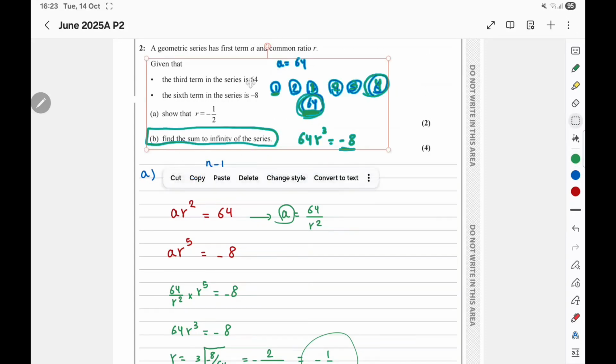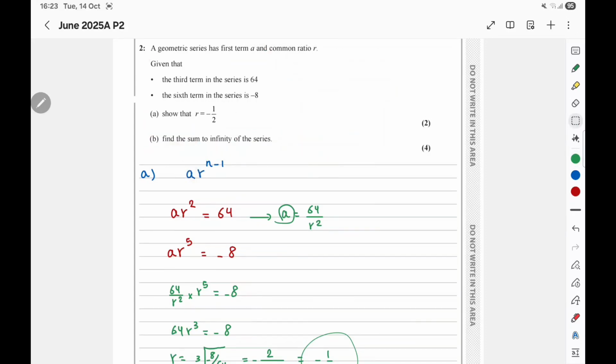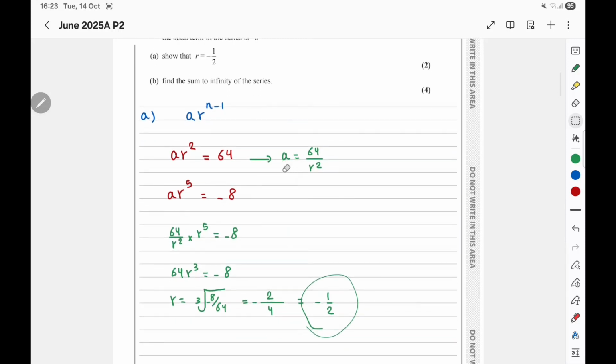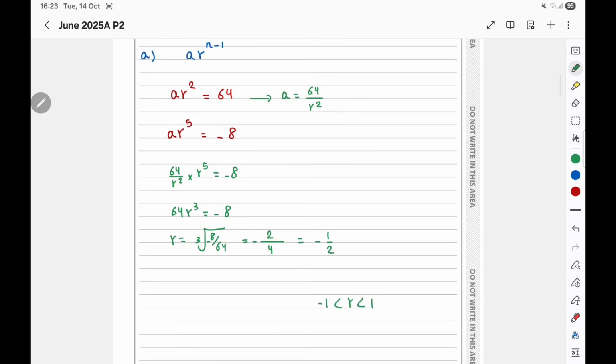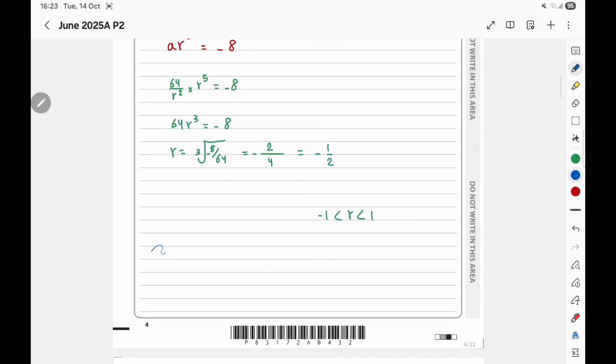Anyways, he wants the sum to infinity of the series. I can find the sum to infinity because R is between 1 and negative 1. That's why the sum to infinity is valid in this case. The rule is in the formula sheet, and it is so simple.